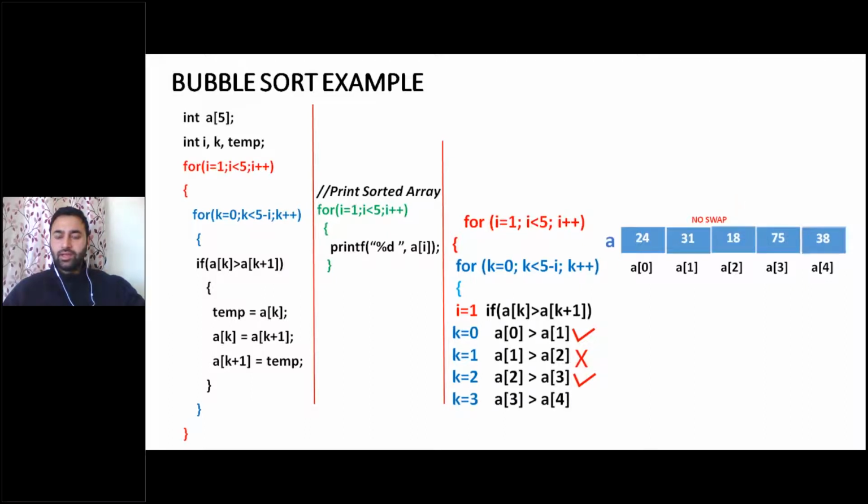Next time a of 3 is greater than a of 4. This is again true, 75 is greater than 38, so there will again be swapping. After this, the inner loop will terminate. See how many comparisons are done here: 4 comparisons. After the first pass, the largest element has gone to the last location, that is a of 4, and the element is 75.